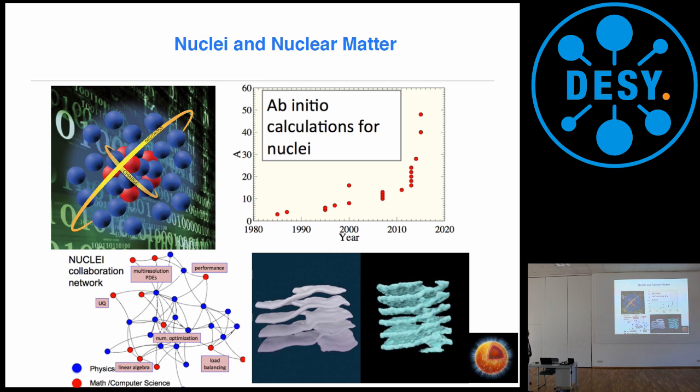Firstly was of course the capabilities of leadership class computers, and also the ability of our community to use such computers. But it was also the introduction of new techniques into the field, and perhaps this is the more important point. Around about here, in this period, technology from the particle physics community, particularly the renormalization group and effective field theory, moved into nuclear physics.